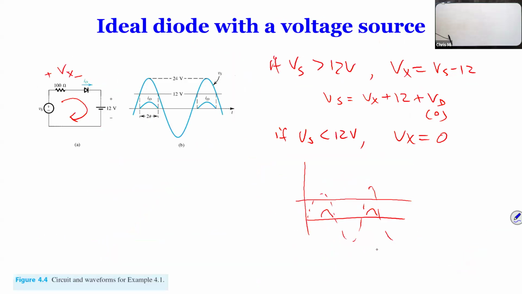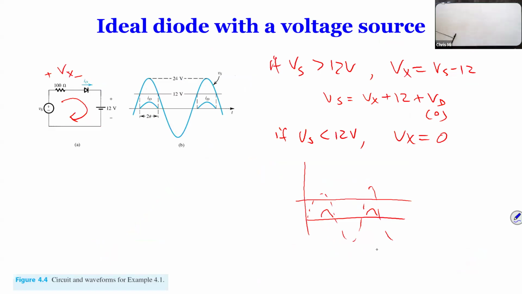Let me make some space over here. What happens with the diode is that when a positive voltage is applied to it, it's going to conduct current, and when it's conducting, the voltage across it is 0. So if you are not sure why it's going to conduct, you can assume it's not conducting and see what happens.